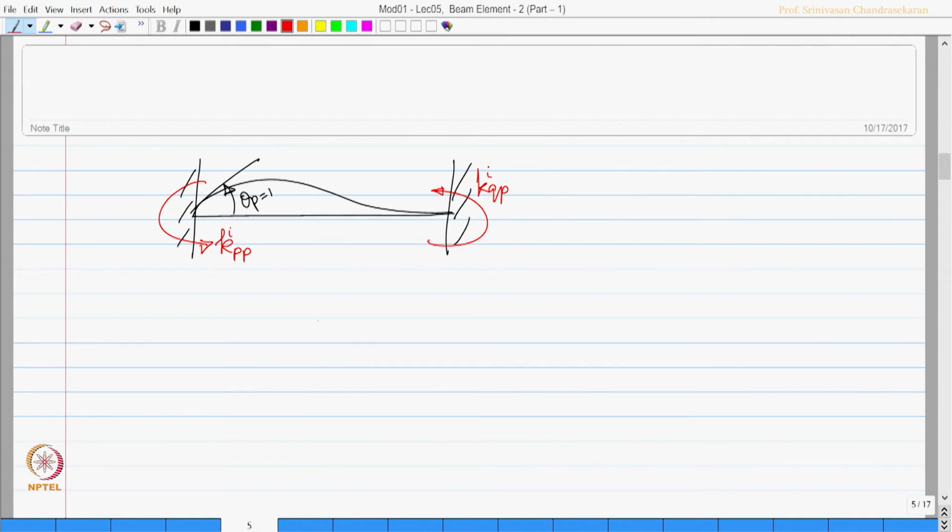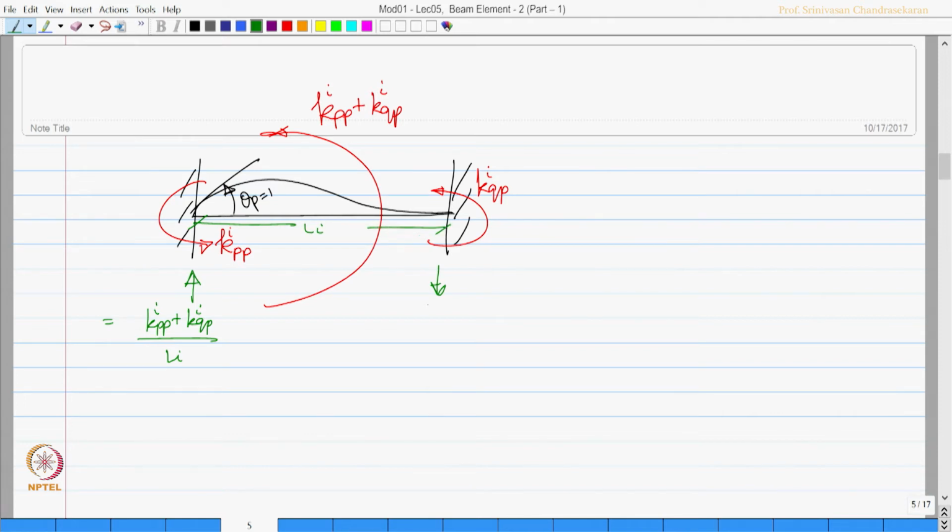So, now this will have an anti-clockwise moment which actually will be equal to K P P plus K Q P, is it not? This has got to be counteracted by the shear, which will be creating a clockwise couple, which will be actually equal to K P P plus K Q P by L I, where L I is the length of the member. So, this will be also K P P plus K Q P by L I.